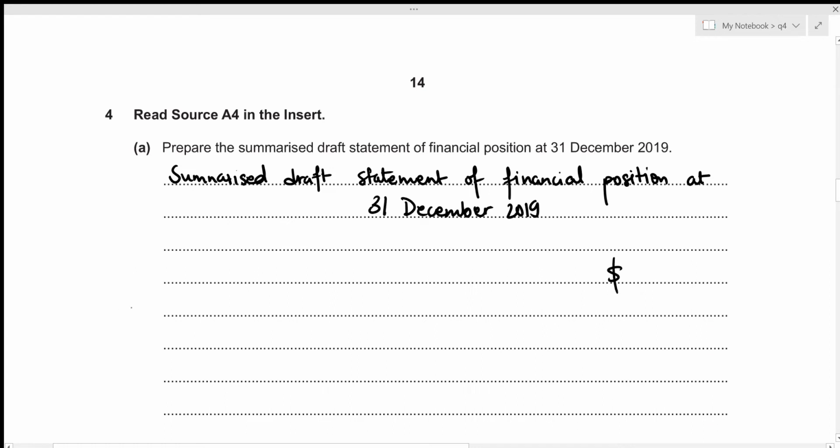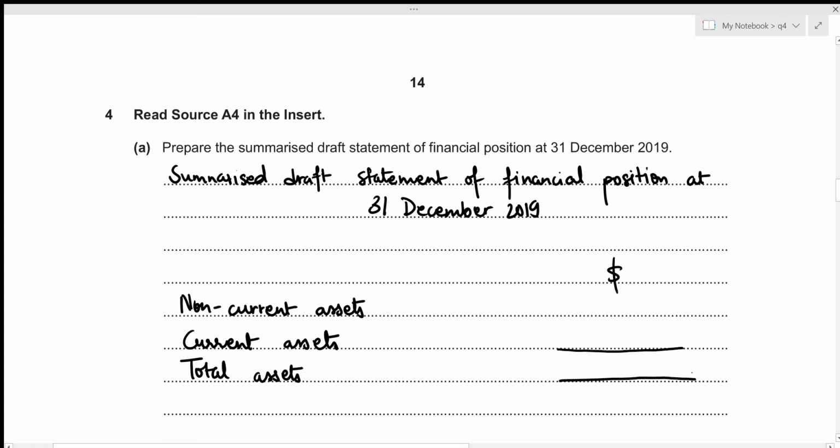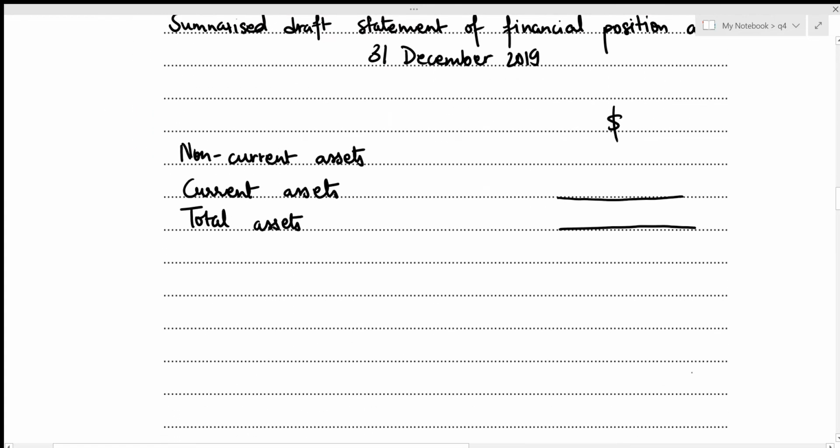So let's start with our assets section. We will have non-current assets and the current assets. And this will give the value for our total assets. Okay, similarly, now we can move towards the equity and liabilities section.